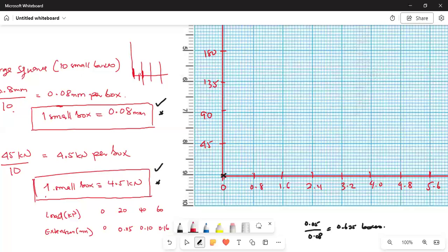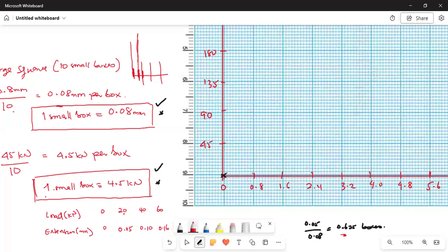So you can find 0.1, 0.2 within one box. So the answers you'll be getting are in boxes. So 0.625 is less than one box. It's just beyond half of a box. So here, I'll locate somewhere beyond half of the box, like this.